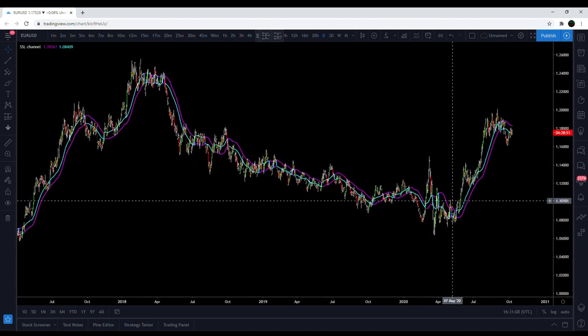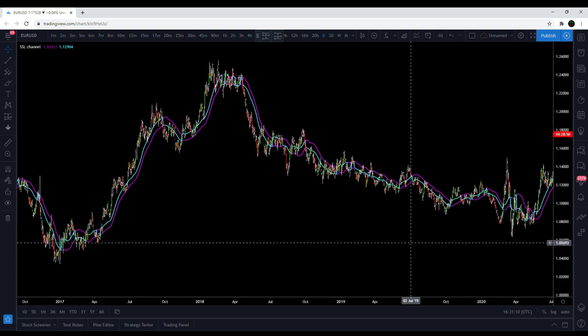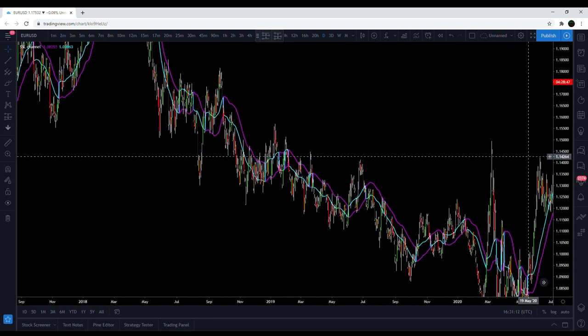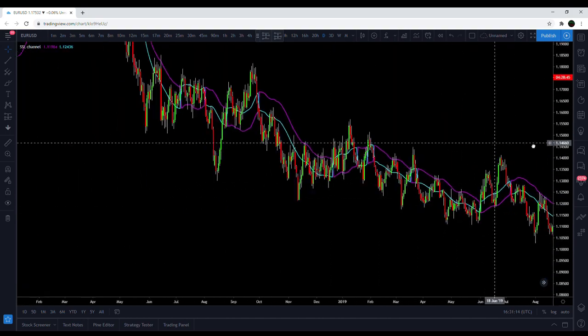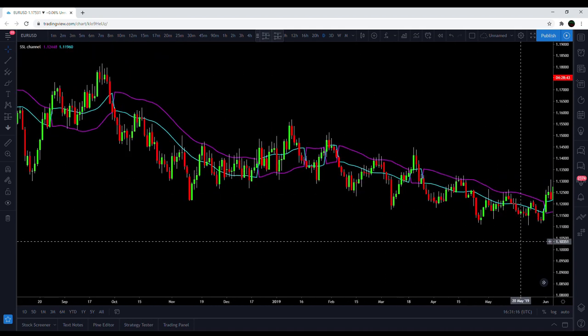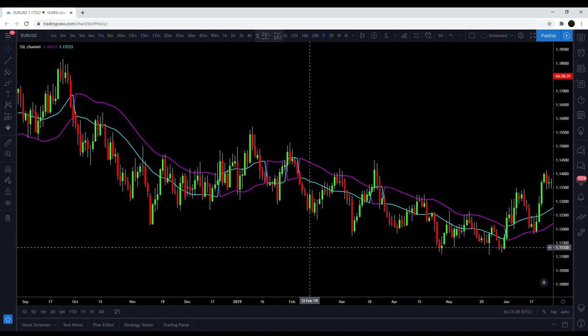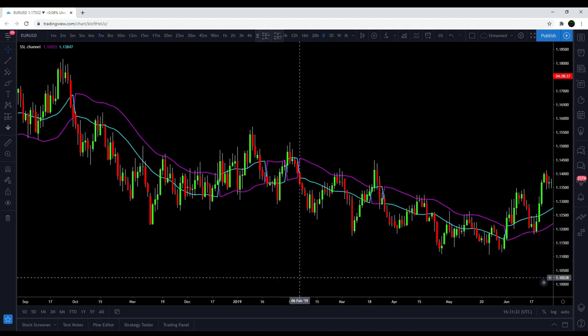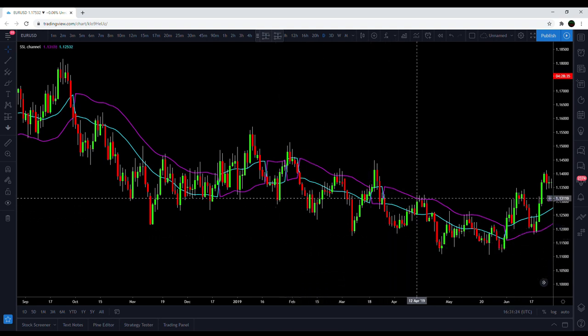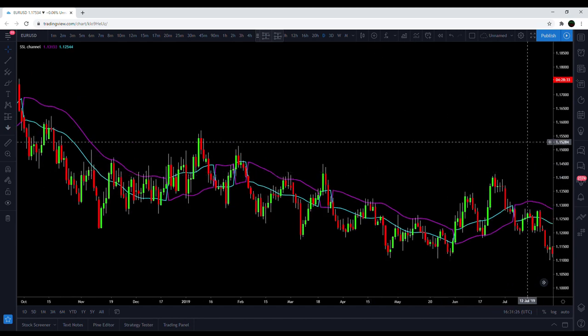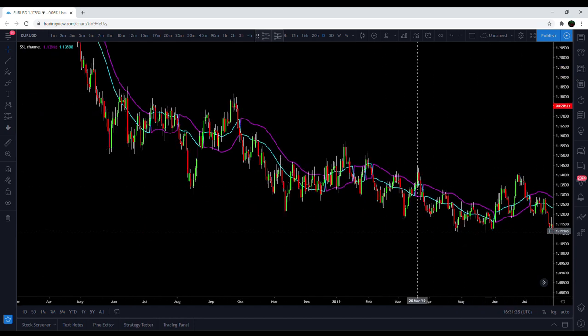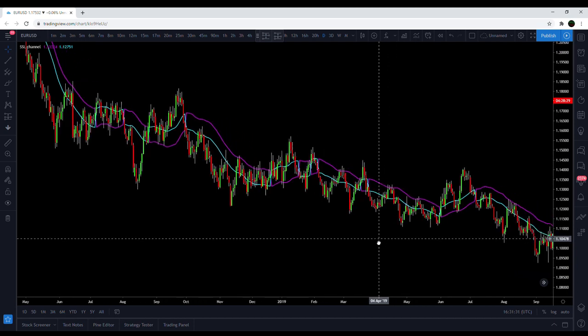Because these trends are where the money is made. I'm not saying that 30 is what you should be using on your SSL channel, but it does help to change the settings on indicators to keep you alive during these horrible ranges.